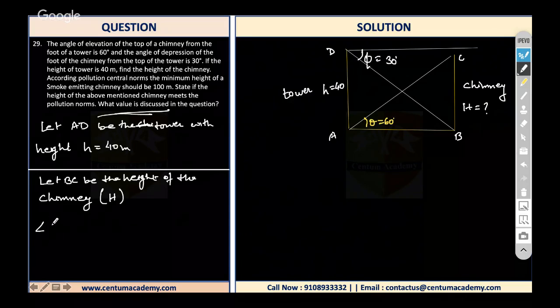Now, angle ACB is equal to 60 degrees, and if this is phi, then this is phi. Let's say point E. So angle EDB is equal to angle ABD is equal to 30 degrees.